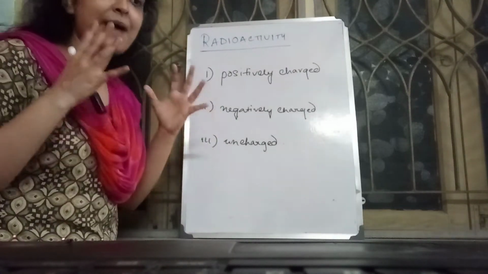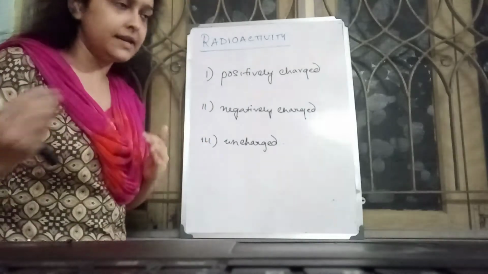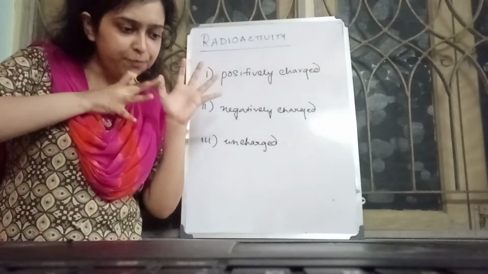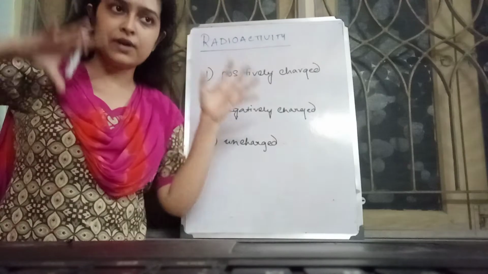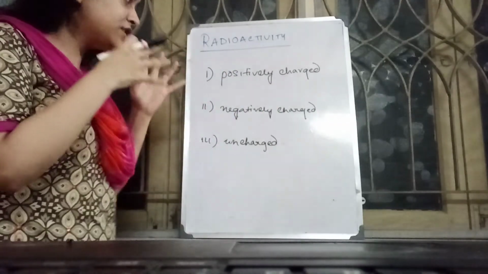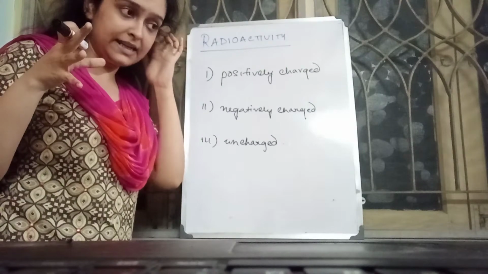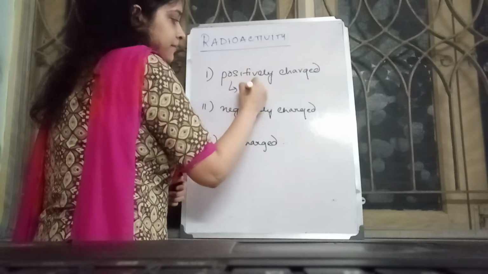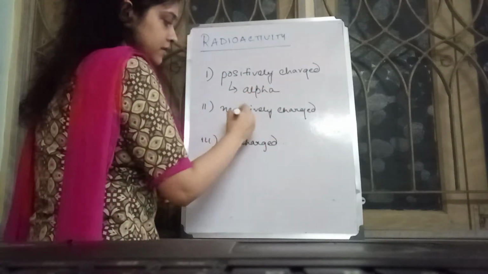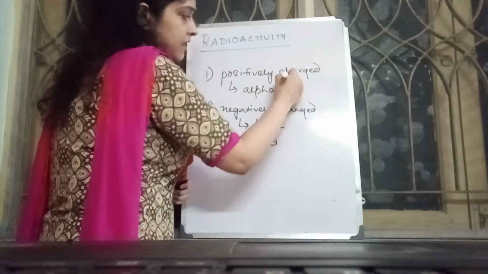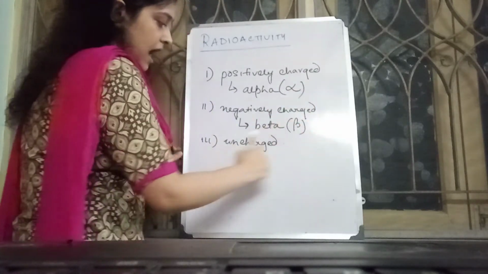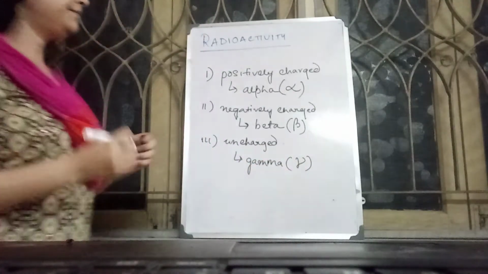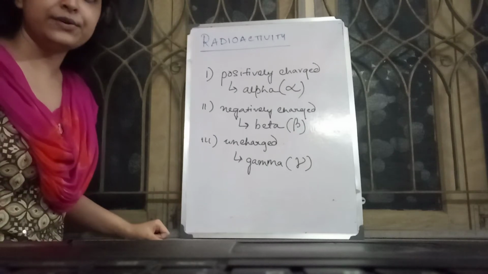These are later known as Becquerel rays as he discovered them. A stream of positively charged particles constitutes the rays. Name them: alpha, positively charged; beta, negatively charged; gamma, uncharged. 3 Becquerel rays.